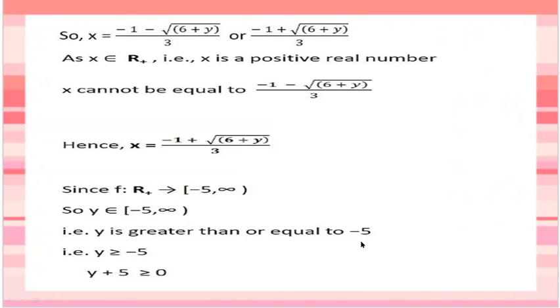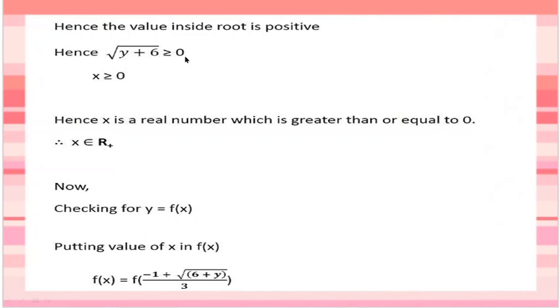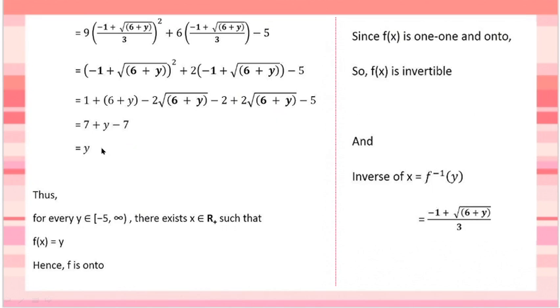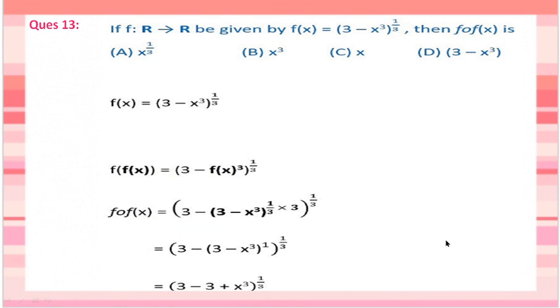It means it is greater than or equal to minus 5. So whenever our y is greater than or equal to minus 5, definitely under the root whatever value we will get, that will be greater than or equal to 0. If this is greater than or equal to 0, x is also greater than or equal to 0, it means x belongs to R plus. Now you can again do that testing, and we will get y in return. So it means this function is onto, hence we can say this is invertible and this is the inverse.